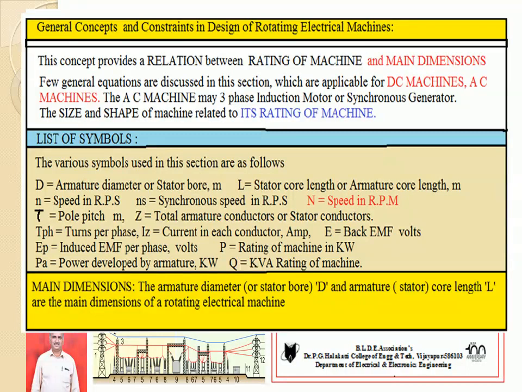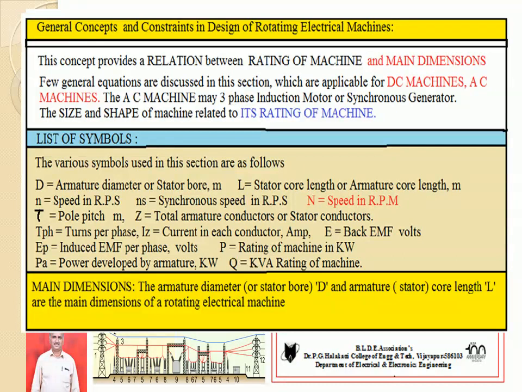So next important concept, main dimensions. This is the first step in design, which are called the main dimensions. Number 1, D; number 2, L. D in case of DC machine is the diameter of armature.